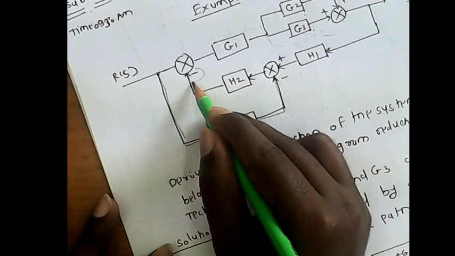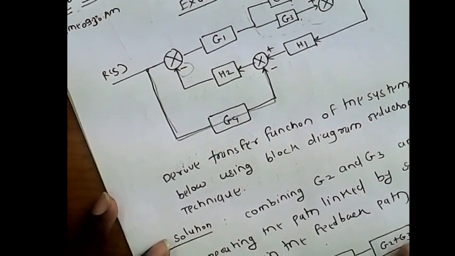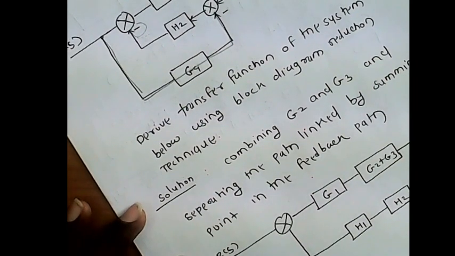So we consider the second feedback path like this, G4, H2, and we add one extra block here to remove this negative sign. So the structure will be like this.